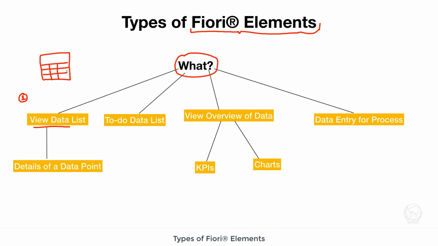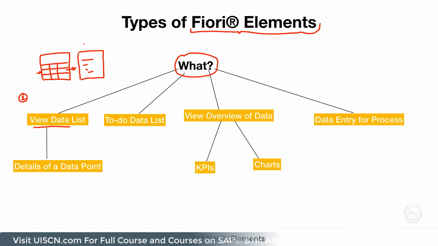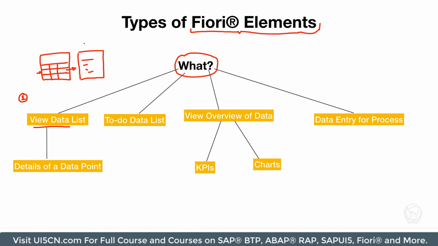Now, if the user also wants to see details of certain data points, they can click on the data point and go to one more page where the details of that specific data point are highlighted, and this can sometimes be referred to as the detail page.